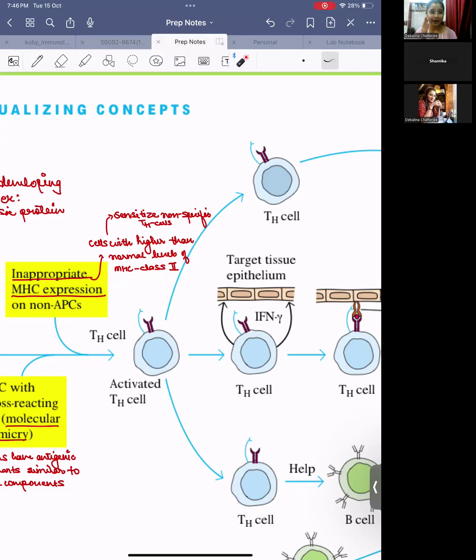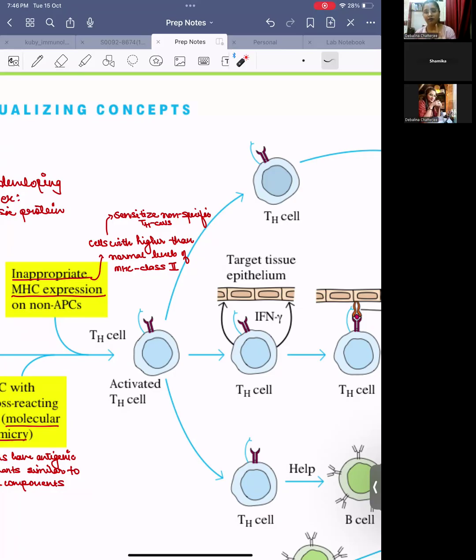if there is diabetes, so type 2 diabetes mellitus, wherein your pancreatic islets of Langerhans, in a normal situation, there is not going to be much expression of MHC2 molecules and very, very few MHC1 molecules that is expressed on the surface of these cells.